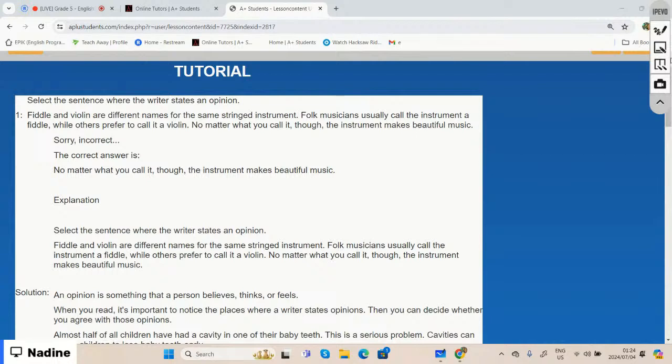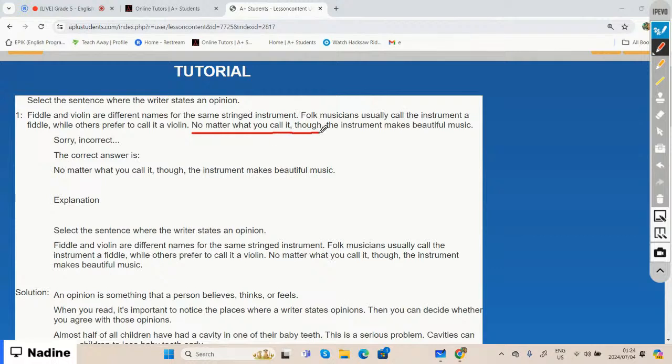All right, so if we were to select the opinion within that text, I'm going to underline it. The opinion is no matter what you call it, though, the instrument makes beautiful music. And that is definitely the opinion of the writer. Because I'm sure someone who sticks to the word fiddle or someone who sticks to the word violin firmly believes that it's not about just whatever you call it.